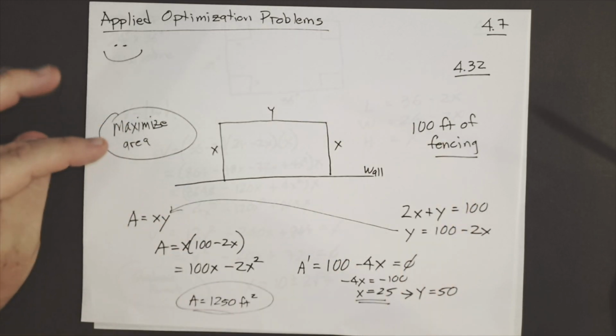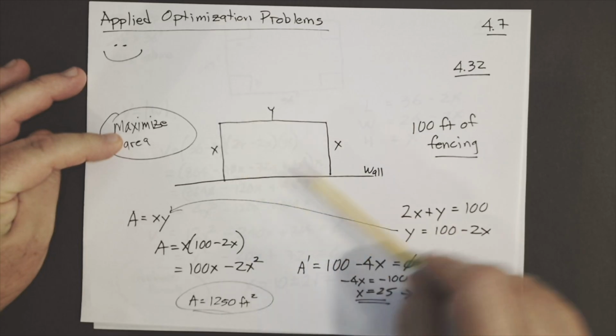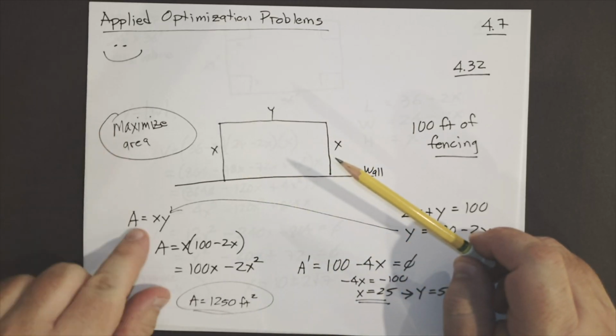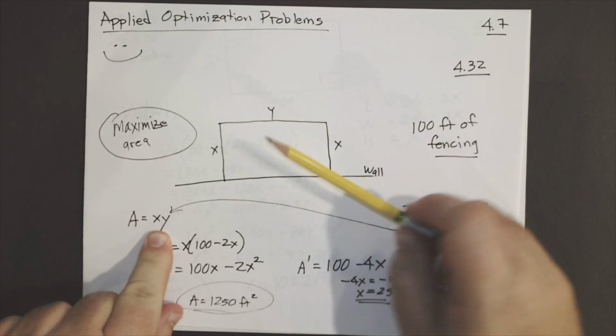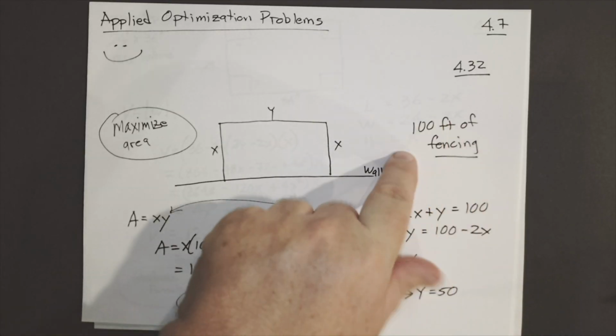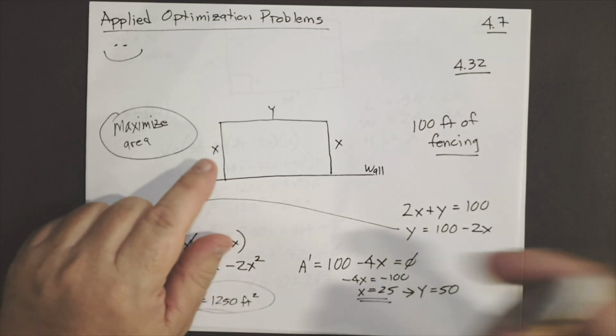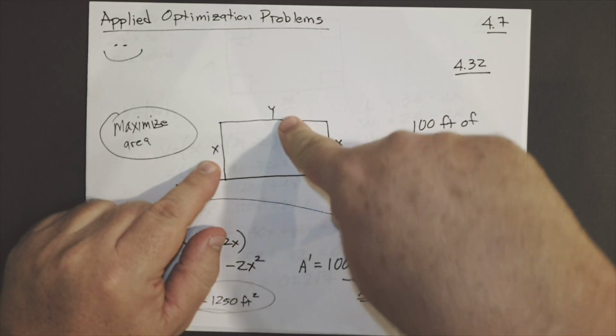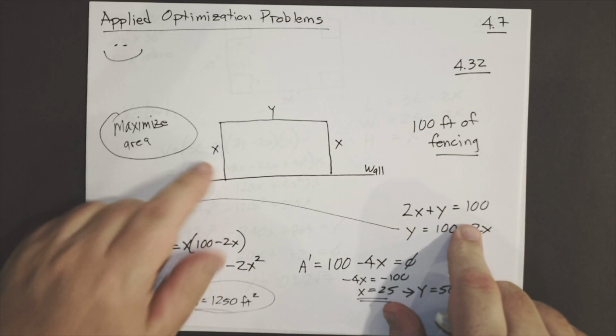If I want to talk about the area of this garden, the area would be X times Y. That would be how you would figure it out. If I want to talk about the perimeter, which is the amount of fencing, it would be 2x plus y.